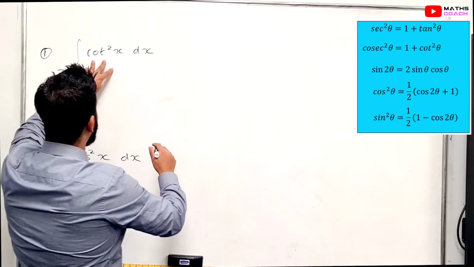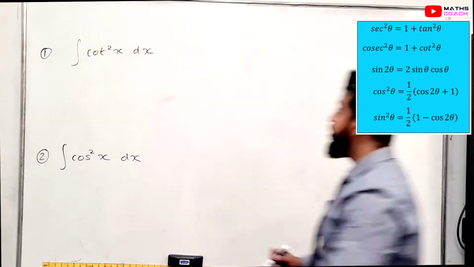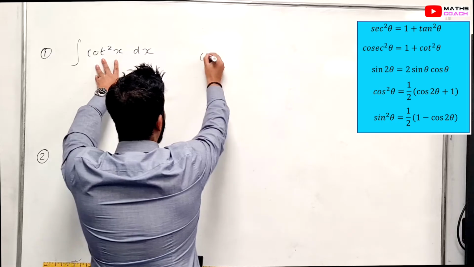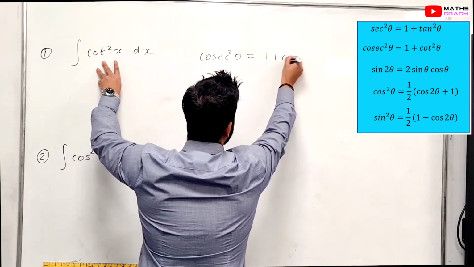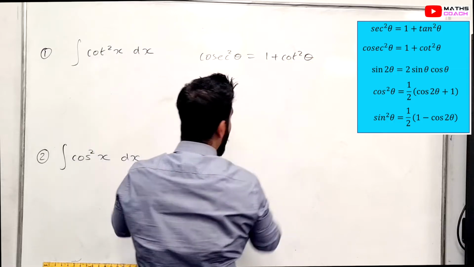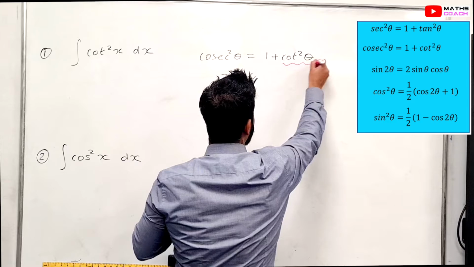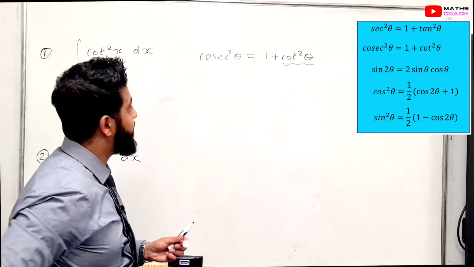So do we know a substitution for cot squared x? We can use that identity that we have. We know that cosec squared theta is equal to 1 plus cot squared theta. And what we can do now is rearrange this and make cot squared the subject.